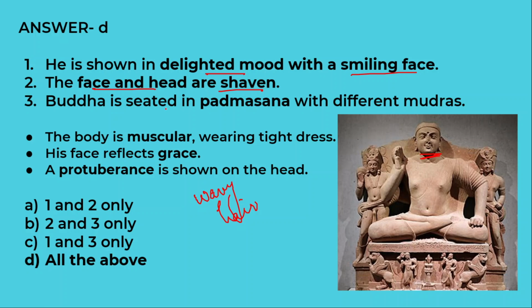But in Mathura school, the face and head are shaven, and Buddha is seated in Padmasana with different mudras. Also, some additional points: the body of Buddha is muscular, and he is wearing a tight dress. His face reflects grace, and also a protuberance is shown on the head, just like in Gandhara school.